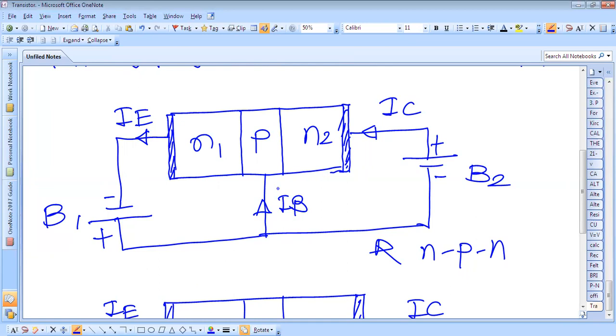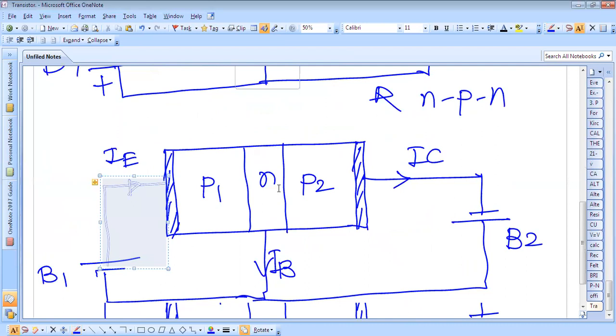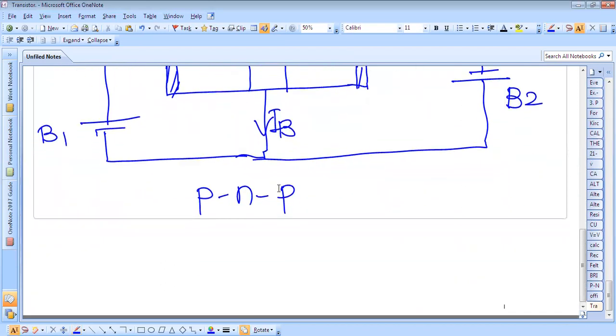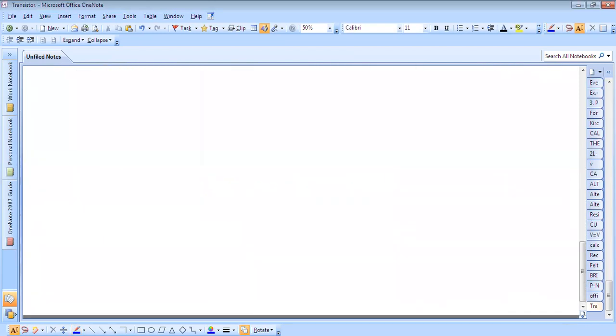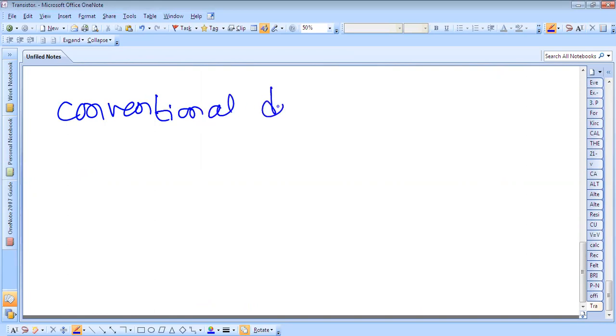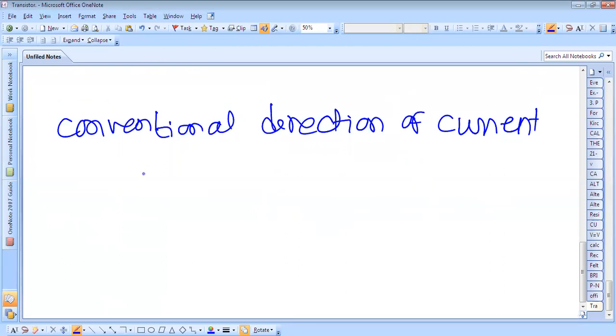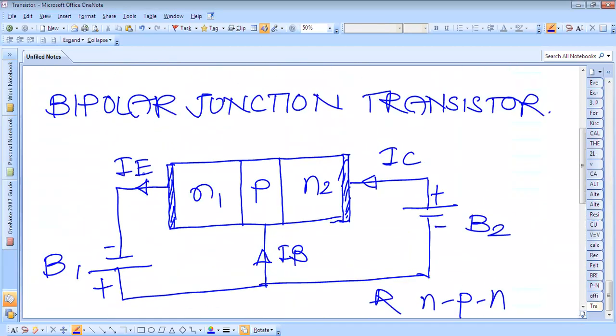And what are the conventional directions of the current? This is the conventional direction of the current.